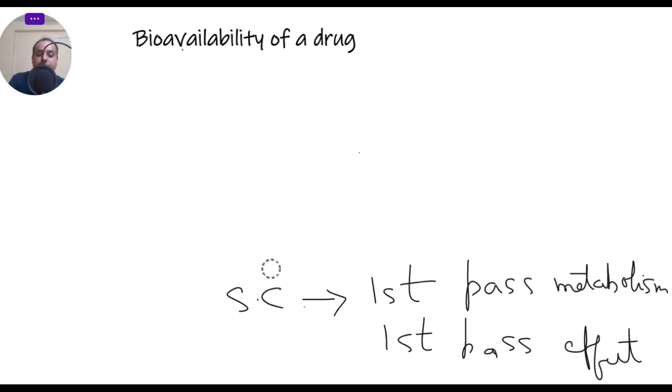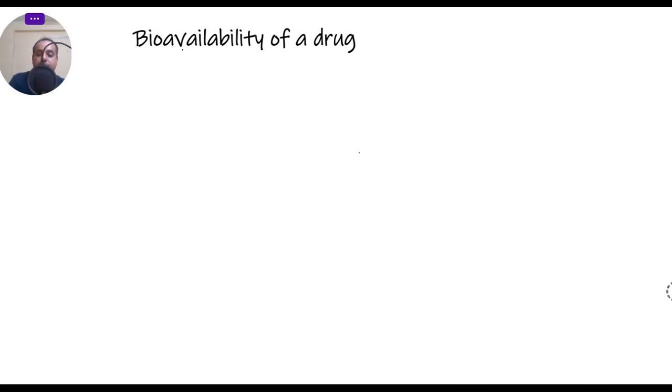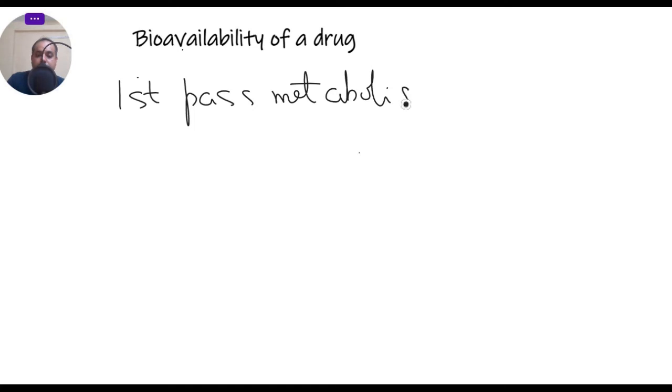So now, due to the first pass metabolism or the first pass effect, the amount of drug that reaches the systemic circulation will be low. That is, due to the first pass metabolism, the drug that ultimately reaches the systemic circulation will be decreased.